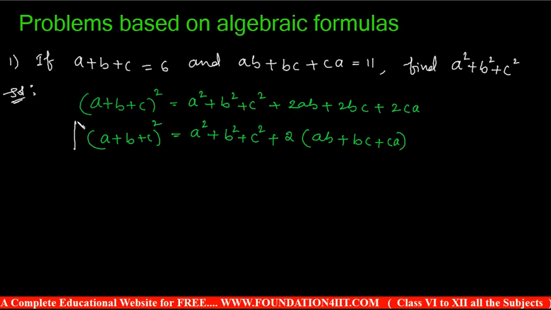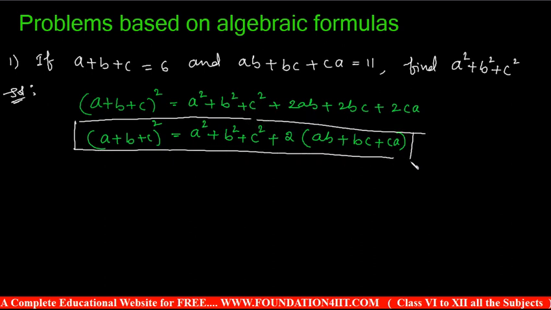Here a plus b plus c is 6, so 6 square is equal to a square plus b square plus c square, which I need to find, as it is, plus 2 into (ab plus bc plus ca), whose value is 11.